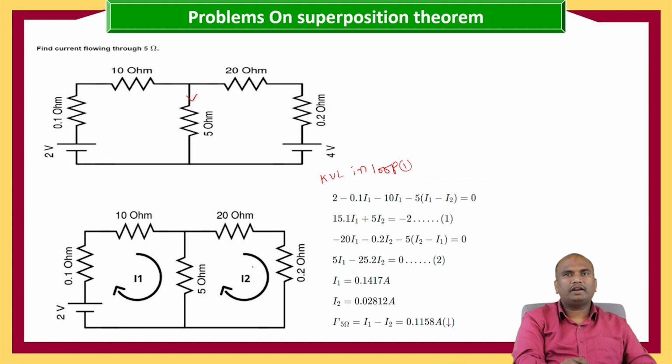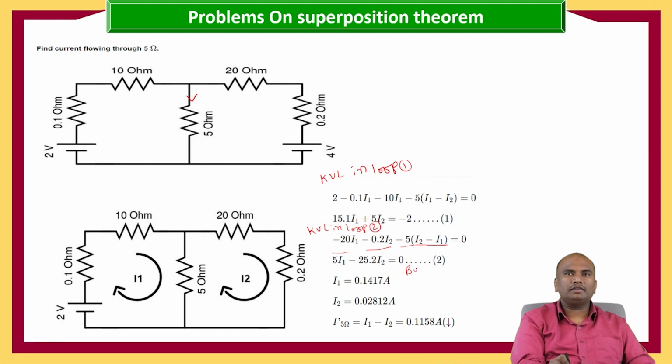Now for writing KVL in loop 2: minus 20 I1 minus 0.2 I2 minus 5 into (I2 minus I1) equals 0. That is 5 I1 minus 25.2 I2 equals 0. This is our equation number 2.